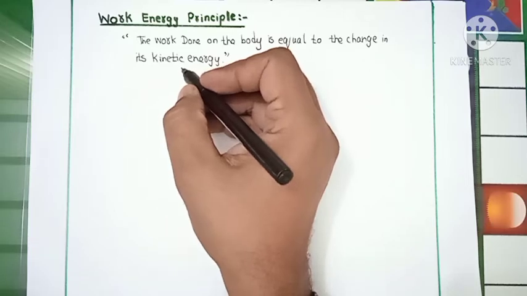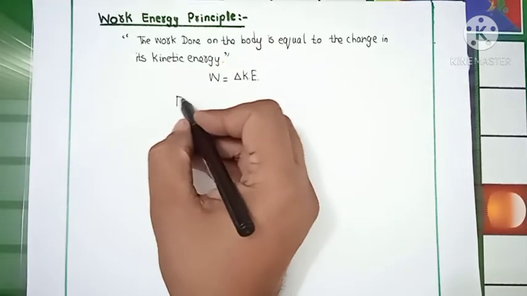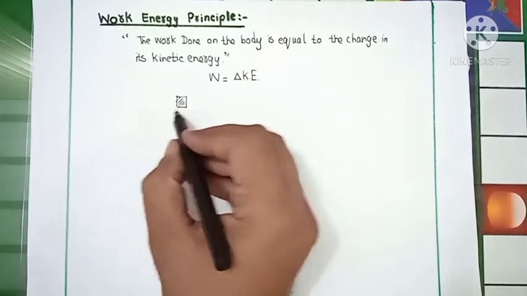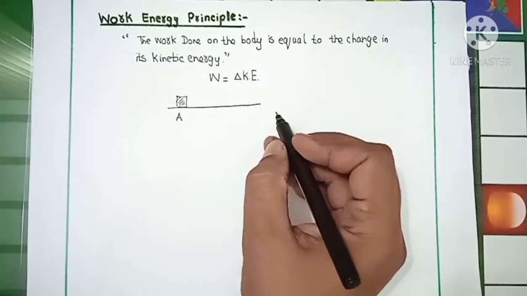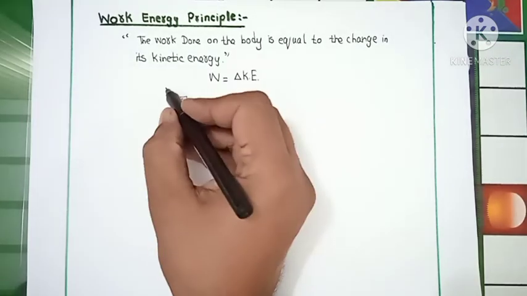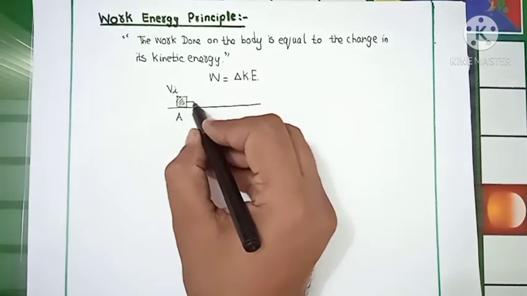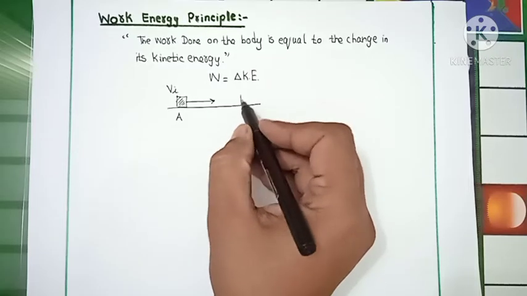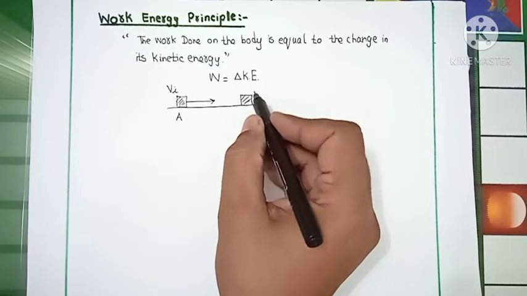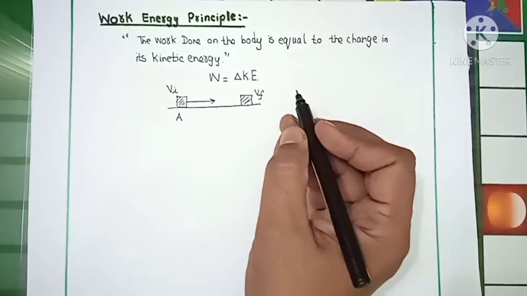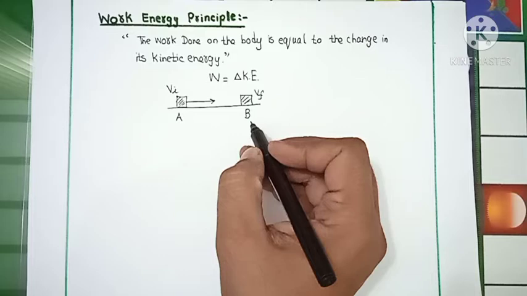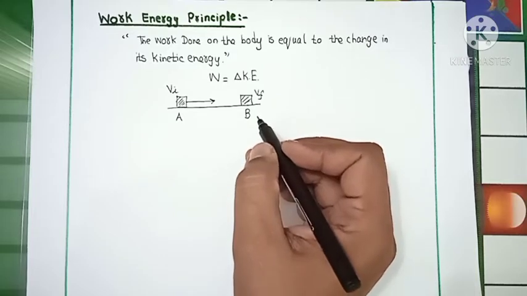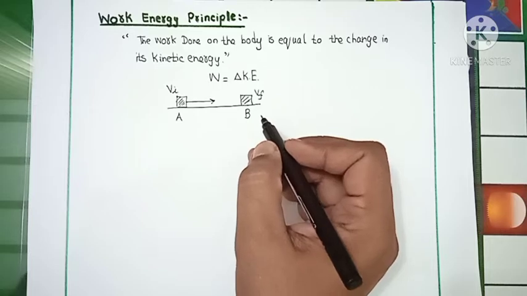Dear students, suppose you have a body on a horizontal surface at position A. Its initial velocity is Vi. After a certain interval of time, its velocity changes to Vf and the body comes to its final position B. We have to find the work done.